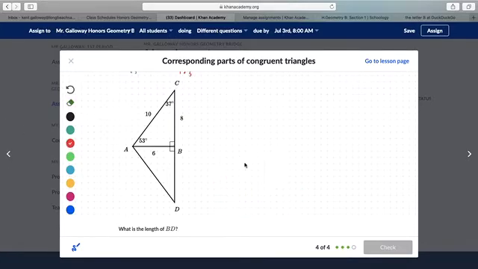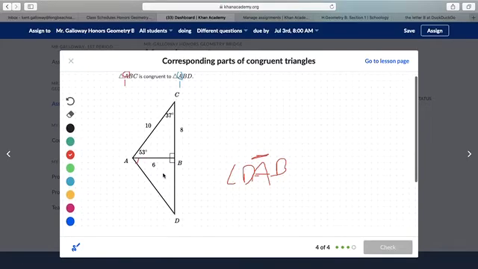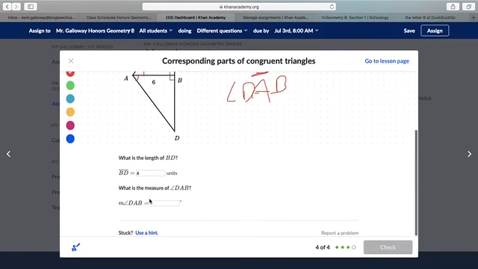This is our angle A, the angle at DA, and it needs to be congruent to the matching angle. A and A need to match up. This is the first letter here, so it matches up with the first letter here. A here is 53 degrees, so they match up there.